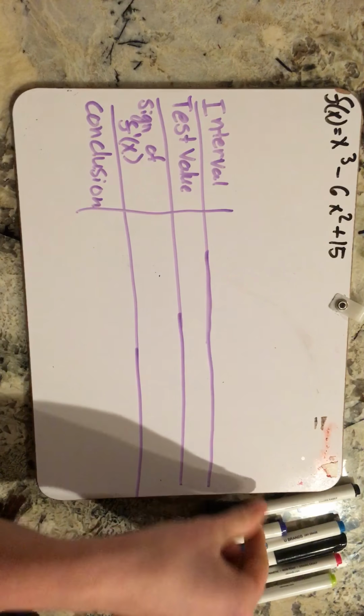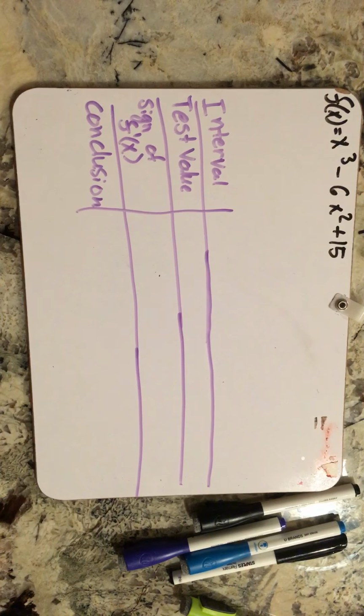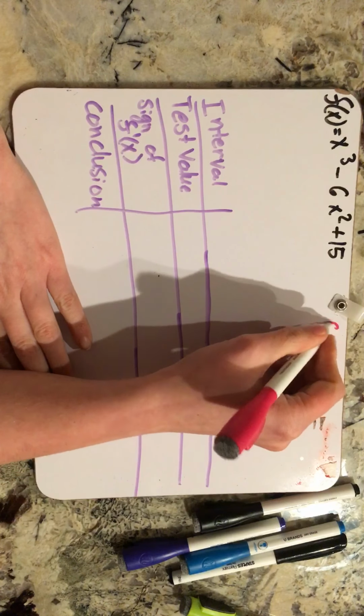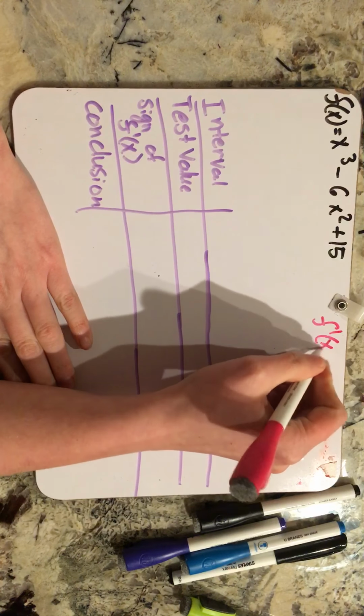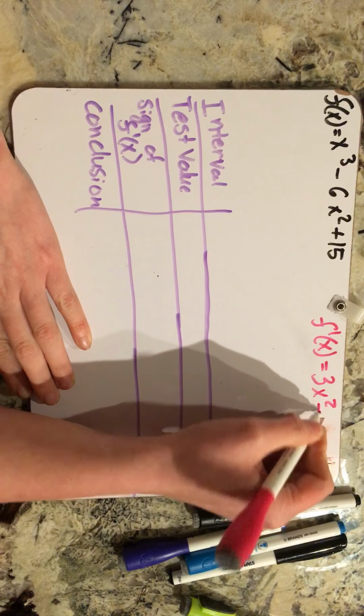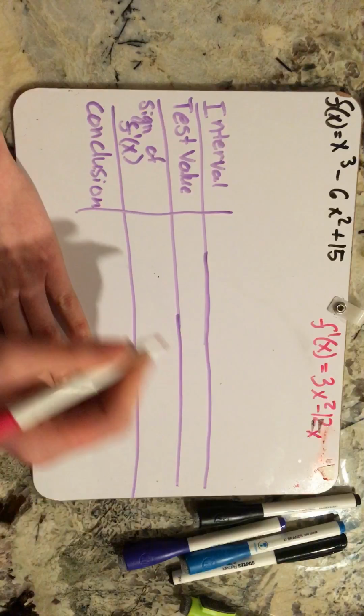Okay, so I'm just going to go through this pretty quickly, not waste too much time. If you remember, for the first derivative test, just like its name, we're going to take the first derivative of the function.